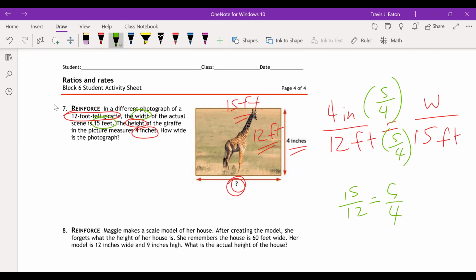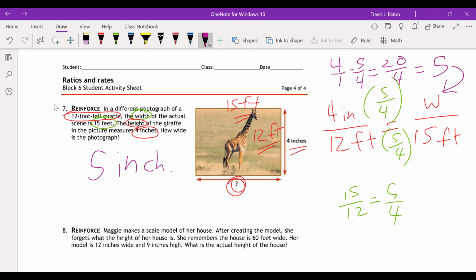Let me go up here and work on that. 4 over 1 multiplied by 5/4. 4 times 5 is 20, and 1 times 4 is 4. And 20 divided by 4 is 5. So my width of this picture would be 5 inches. 5 inches for the width of the photo.